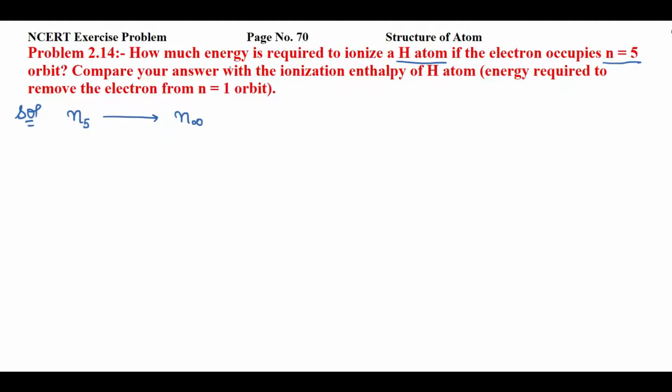So for this, we'll find the value of delta E. That means ionization energy, right? And in second question, we have to compare the ionization energy of 5th orbit with the energy of first orbit. That means this electron is excited from the first orbit to the infinite orbit, right? So we'll see our first question first.